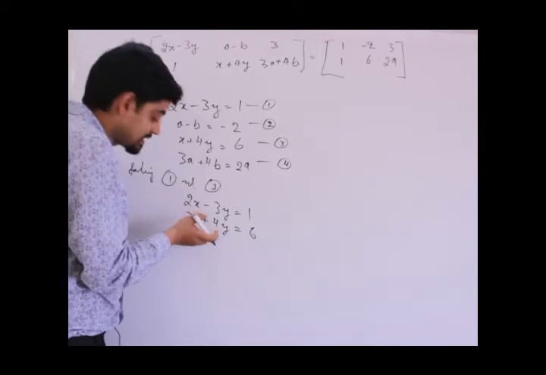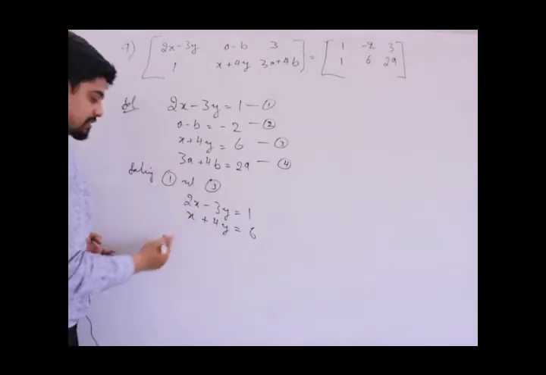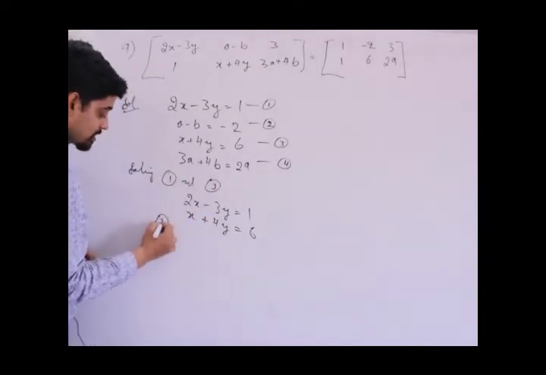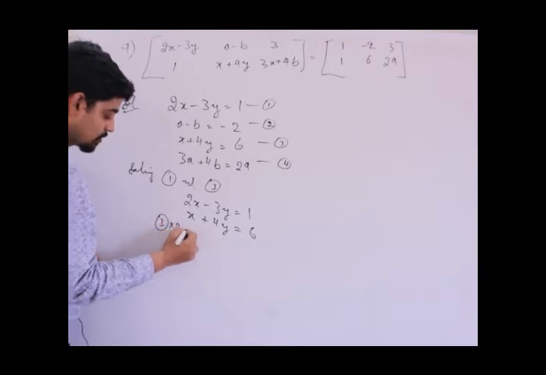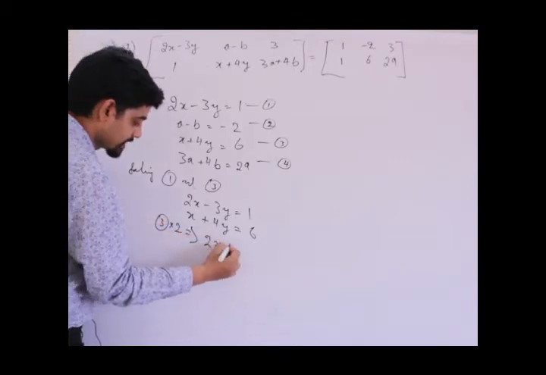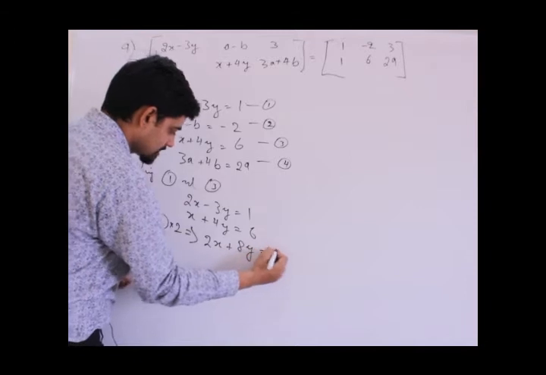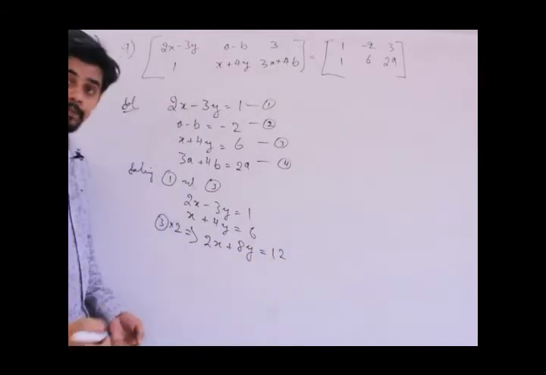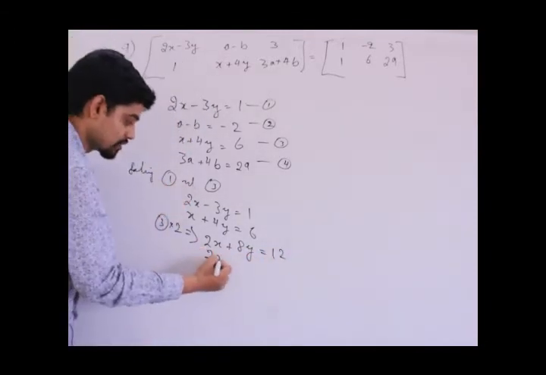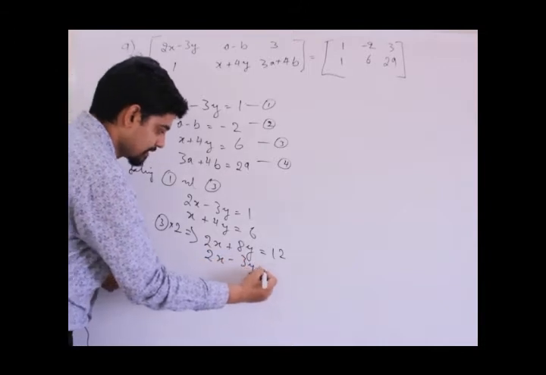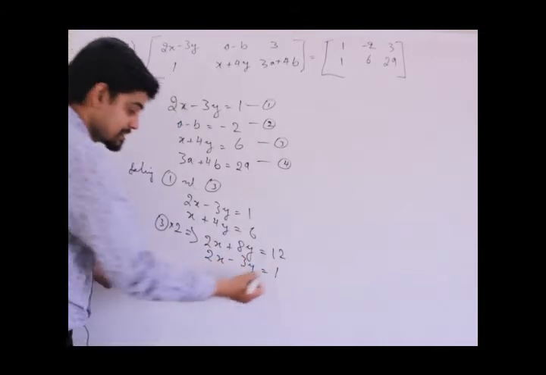If I multiply this by 2, then we can eliminate x. So equation 3 into 2 gives 2x plus 8y is equal to 12. Solve it with this equation, 2x minus 3y is equal to 1.